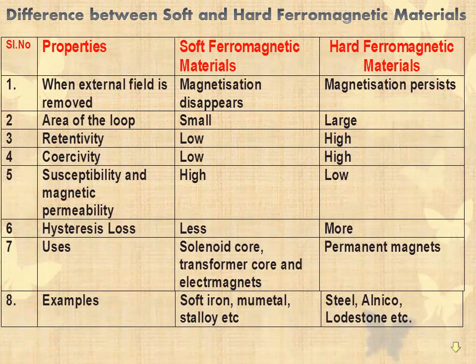The permanent magnets are made of hard ferromagnetic material. The examples for soft ferromagnetic materials are soft iron, mu metal alloy, etc. And for hard ferromagnetic material, steel, alnico and lodestones are the examples.